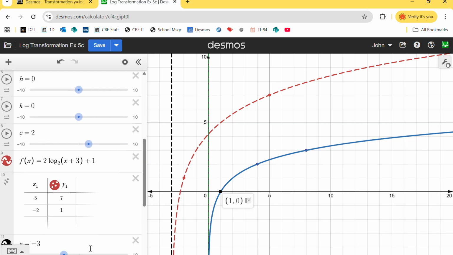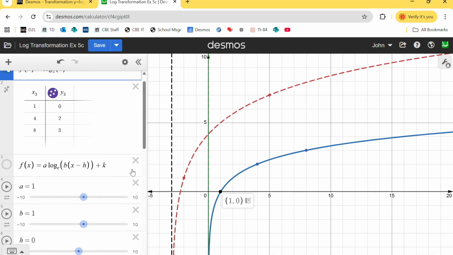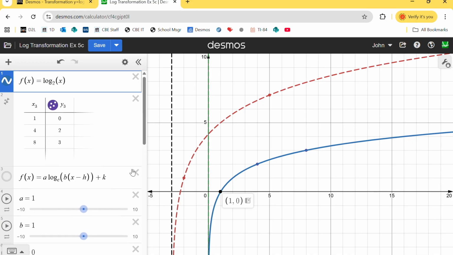Okay, so I'm going to throw that in there. The x equals -3 vertical asymptote on the transform graph tells me that the h value is -3.